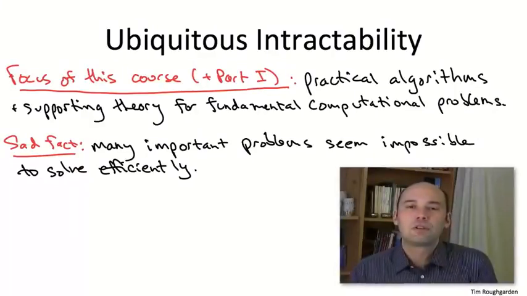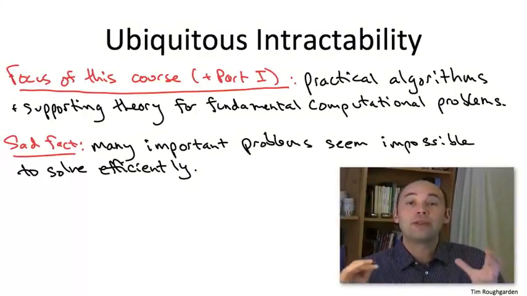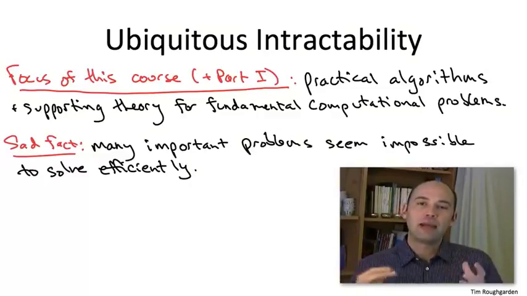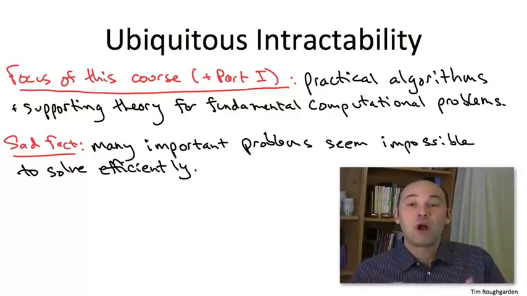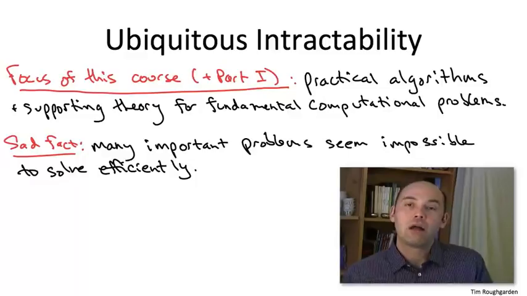And inasmuch as the focus of these courses is what you can do with algorithms rather than what you can't do, it would nevertheless be fraudulent, I think, to teach you about algorithms without discussing the specter of intractability that haunts the professional algorithm designer and the serious programmer.